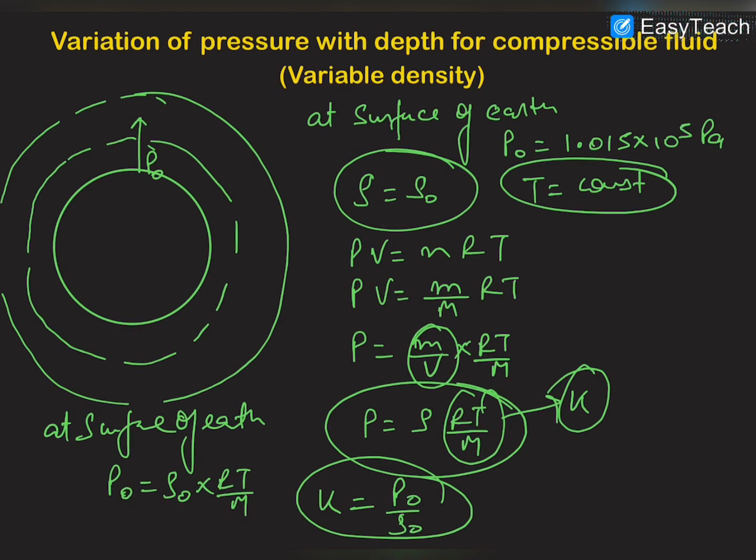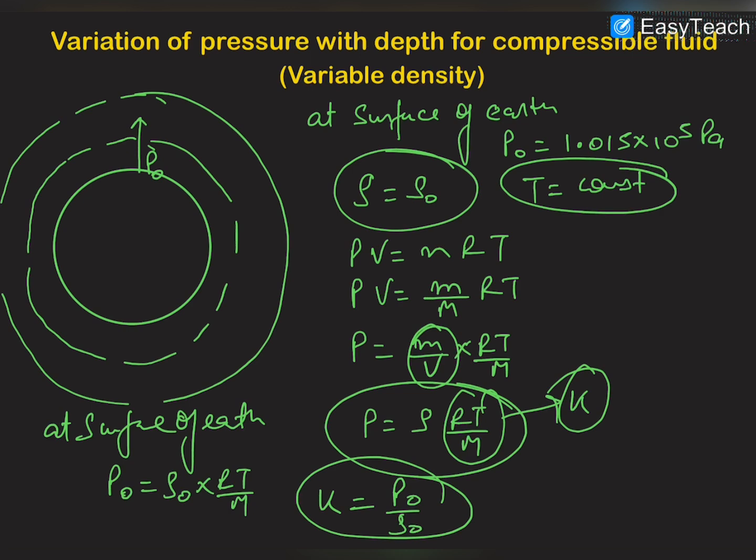Second thing, if we write down the value of pressure at a depth, so let us assume that we are going away from the earth's surface. At a height of y from the earth's surface, dP by dy will be equal to minus rho g, and this negative sign represents the fact that as we move up from the earth's surface, away from the earth, the pressure will decrease.